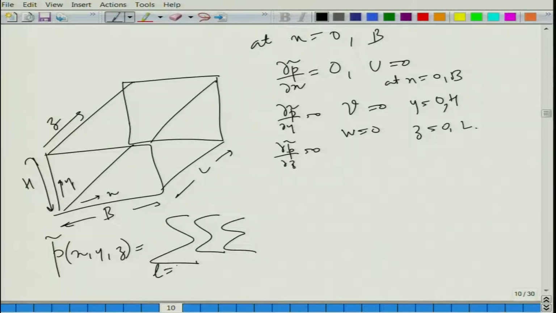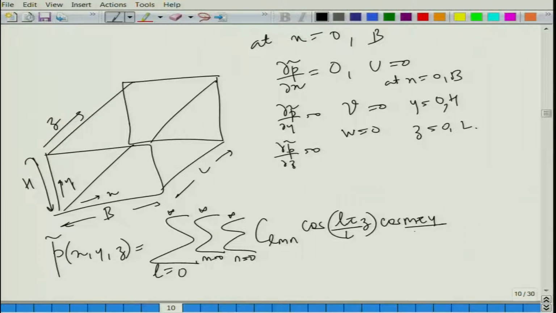L is equal to 0 to infinity, m pi y by h, this is the thing, and of course, you have your e^(j omega t).